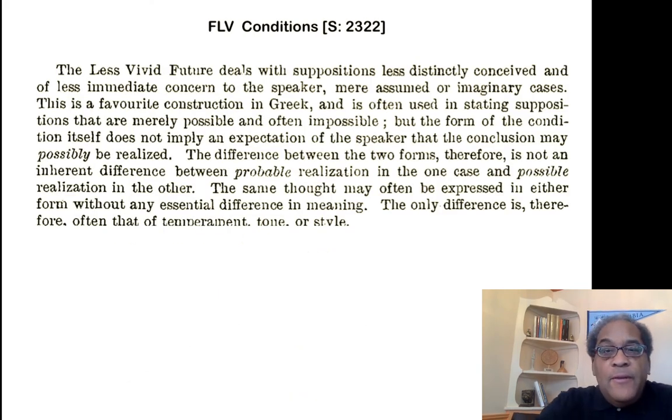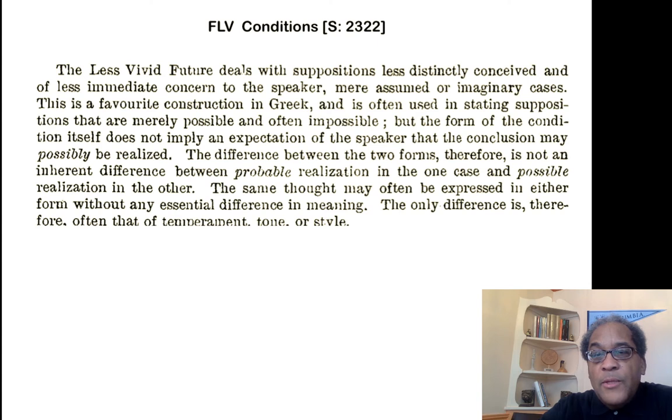Now, the less vivid future deals with suppositions less distinctly conceived and of less immediate concern to the speaker, mere assumed or imaginary cases. This is a favorite construction in Greek and is often used in stating suppositions that are merely possible and often impossible. But the form of the condition does not itself imply an expectation of the speaker that the conclusion may possibly be realized.